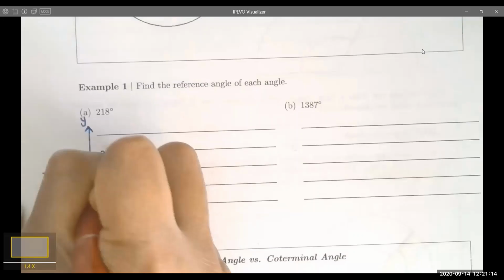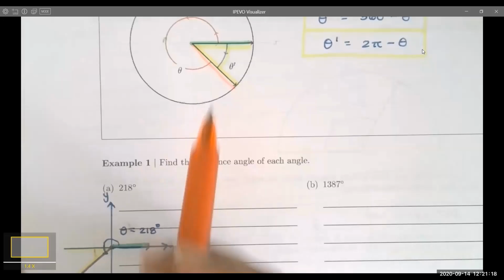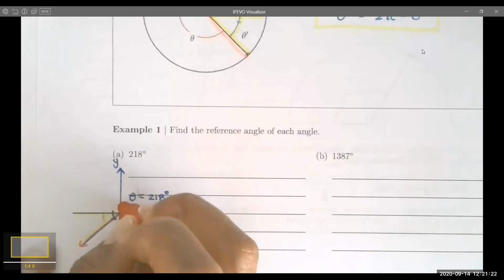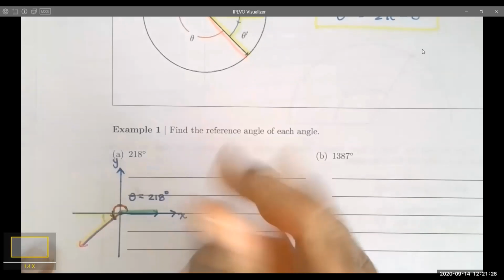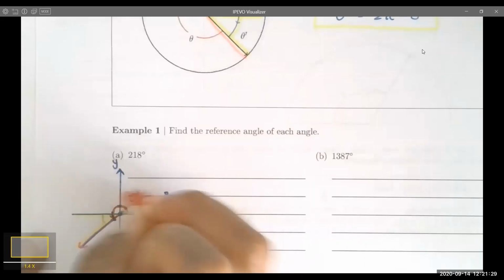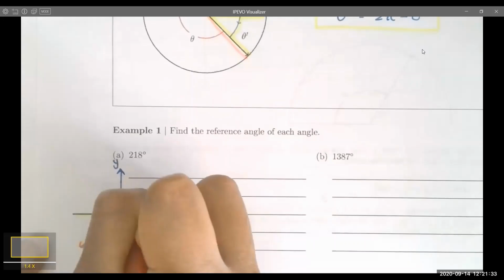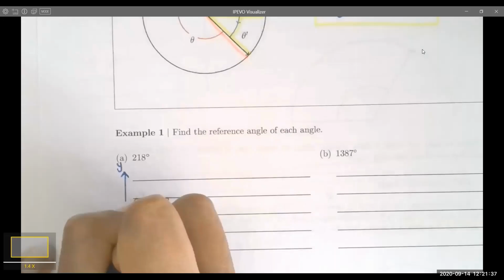Just so that I stay consistent with these diagrams over here, the original angle is given in red, so I'll color code this red for the original angle. And then in blue, we'll have the reference angle, theta prime.